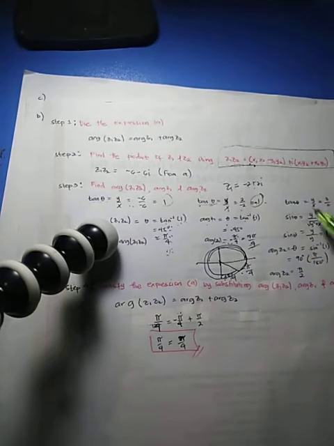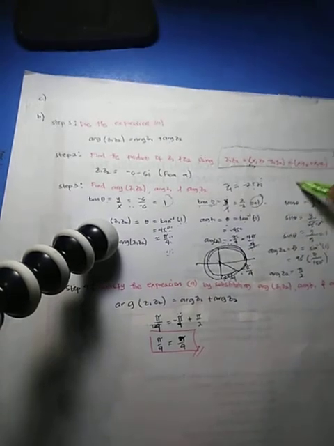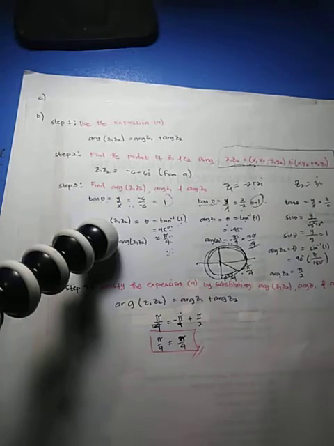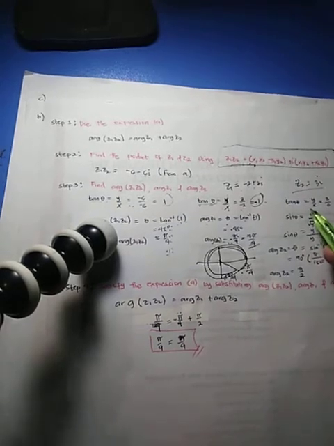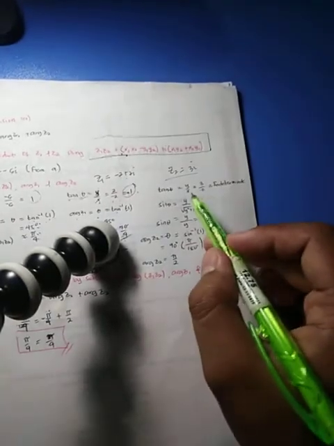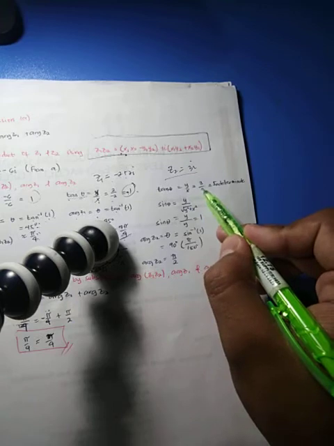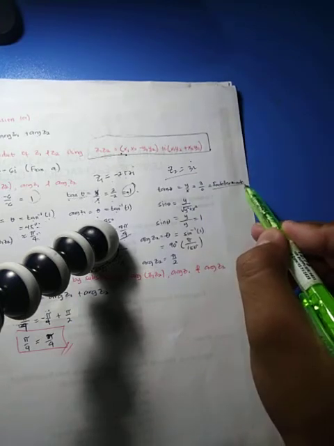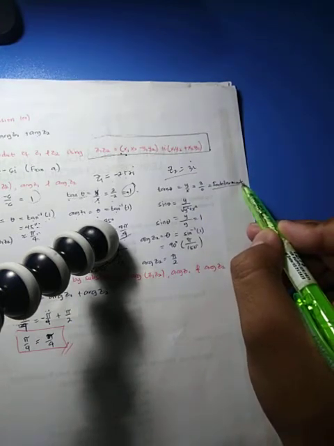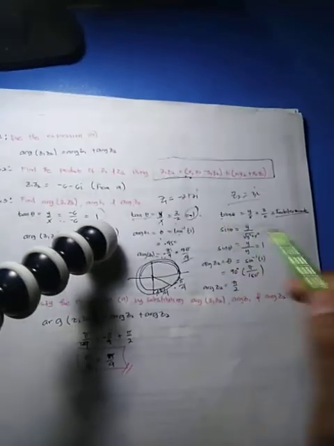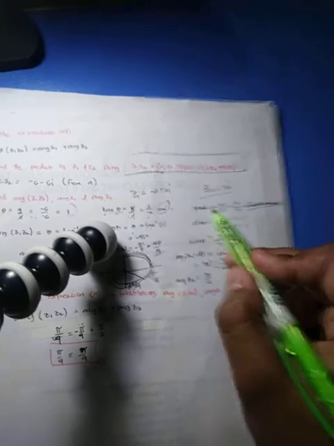Okay, so this is for Z1. Then Z2 is equal to 3i, if I'm not mistaken. Okay, correct. To find the argument of this Z2, we have tangent of theta equal to y over x again. So y is 3 and x would be 0. So this would be indeterminate, and therefore you cannot find theta using this tangent. So what we will do is find this theta using sine theta.